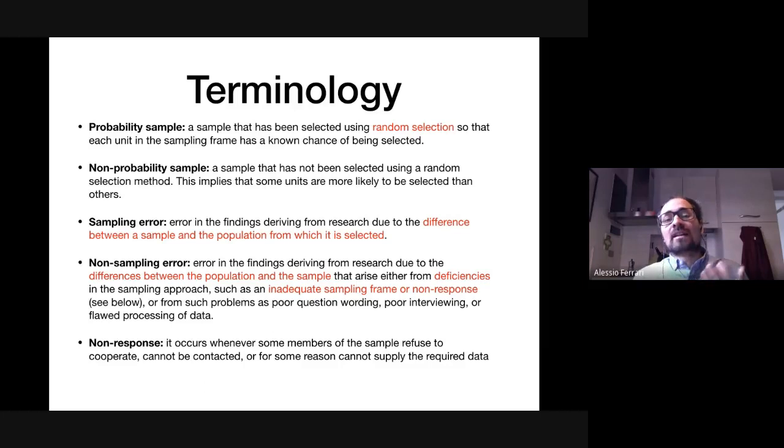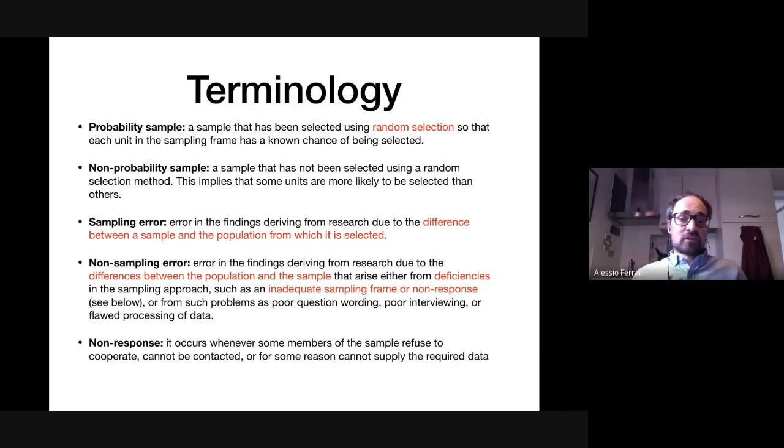So the sampling error, you cannot get rid of it, but the non-sampling error that is associated, for example, with an inadequate sampling frame, no response, etc., you can somehow mitigate, okay? And you can mitigate it by designing your questionnaire at best, and by sampling in the best way.